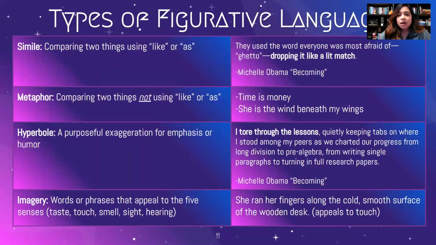And that helps us understand how everyone viewed this word, right? So when you have a lit match, you're not waiting. So if you have a match, you're not waiting for the flame to run to your fingers, right? You're going to drop it right away. And so the word ghetto, that's how they would use it, right? They would say it like, oh, I can't really say that word too much because, you know, it's ghetto.